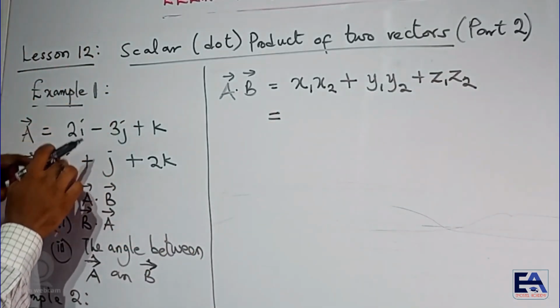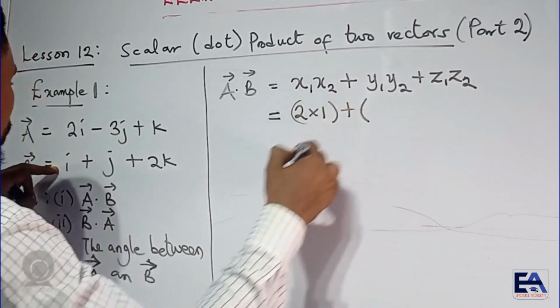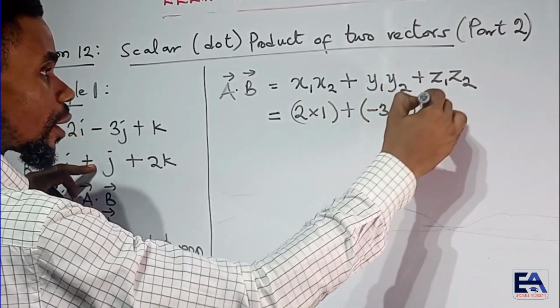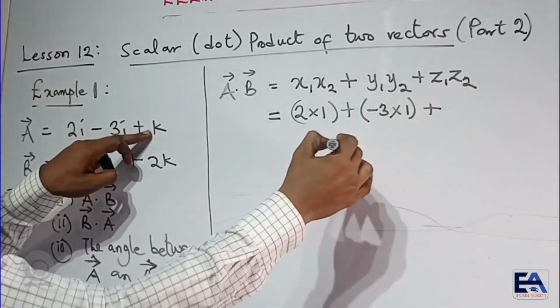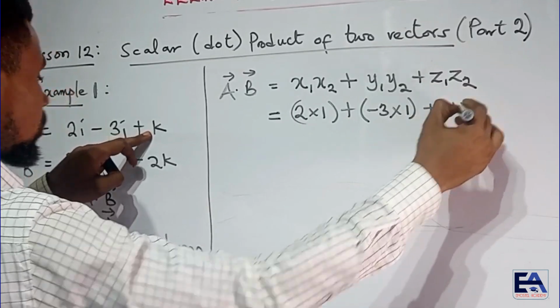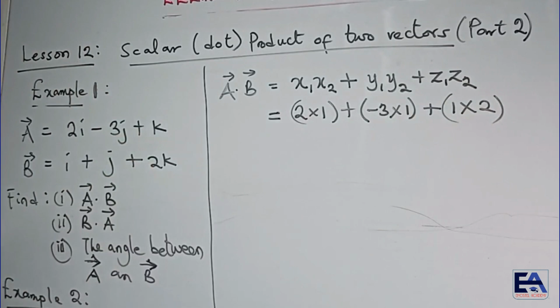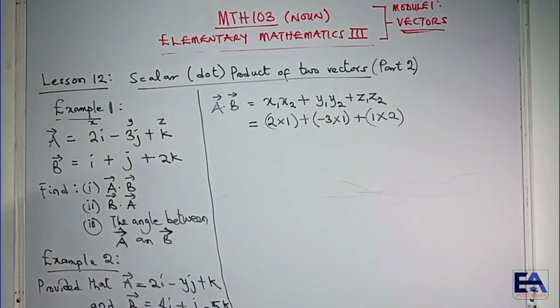So we are going to say 2 times 1, plus minus 3 times 1, okay, plus this 1 here times 2. Okay, so that's what we're going to do. Remember, this is x, y, and z.